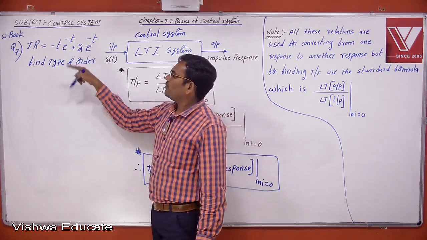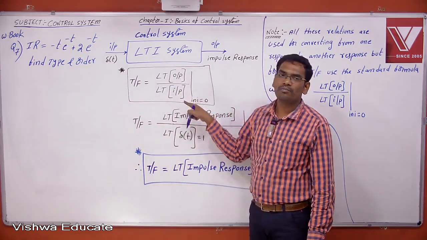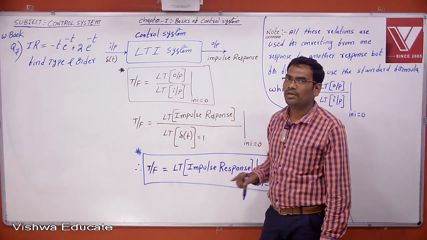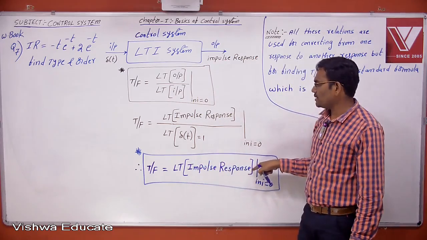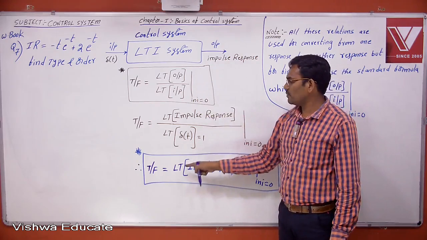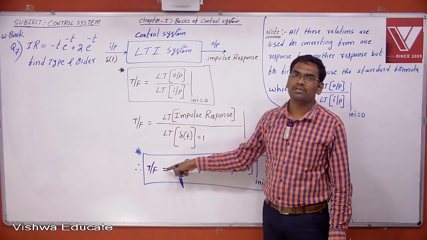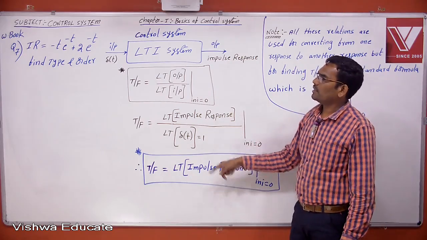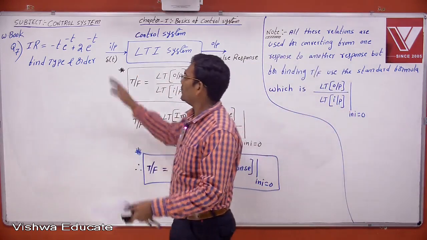But how to find it? There are two formulas: the Laplace transformation of output to the Laplace transformation of input with all initial conditions equal to 0, and, as we just saw, if the impulse response is given, the Laplace transformation of impulse response with all initial conditions equal to 0 is the transfer function. Use this concept and first find the transfer function. We will solve this question in the next session.